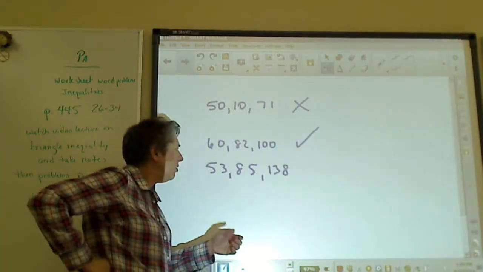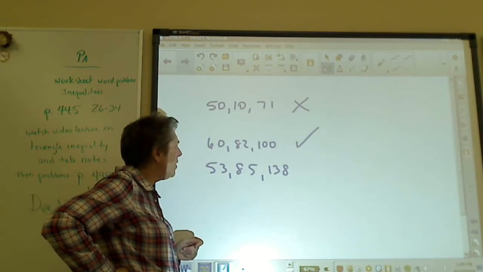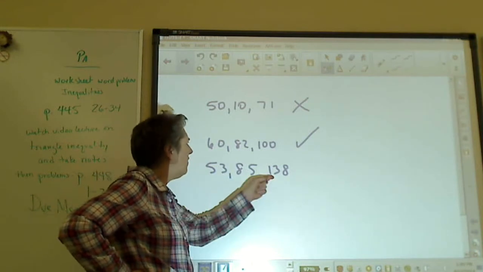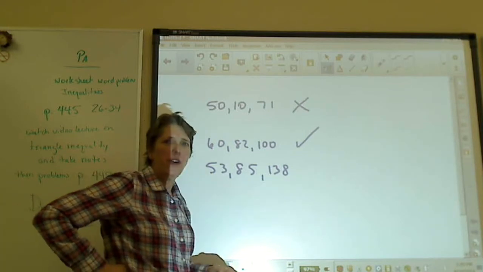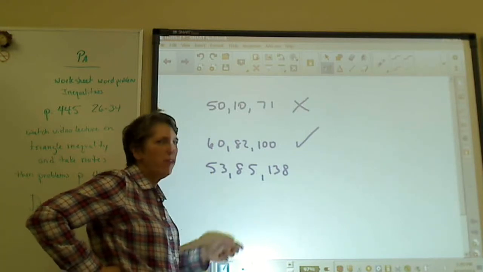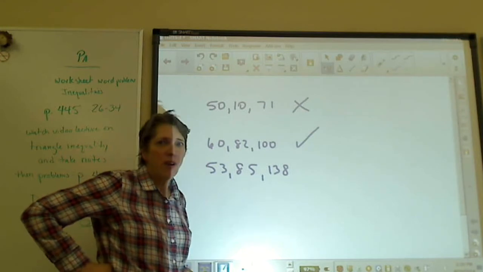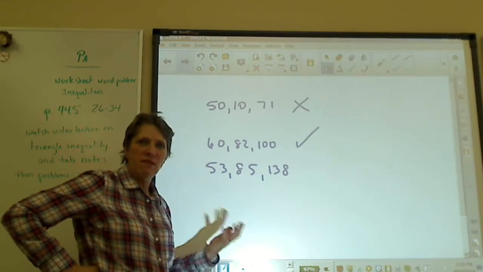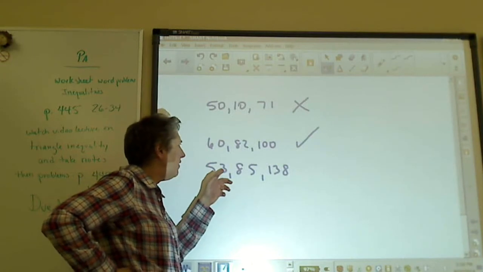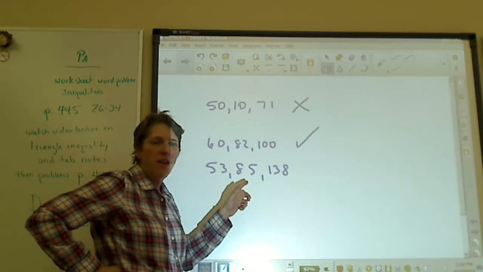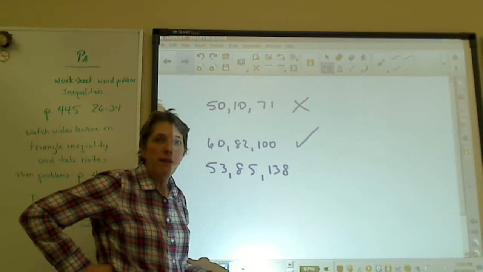We come down here and I'm going to add 53 and 138. Obviously, that's going to be greater than 85 because 138 already is. So that definitely meets the conditions. But then if I add 53 plus 85, I get 138.